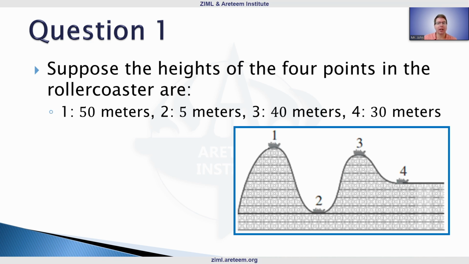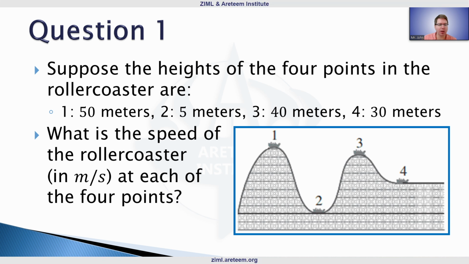Suppose we have 4 heights given in a roller coaster, and we want to know the speed at the 4 points. We mentioned in last week's video that we need to make some sort of assumption, but it's better to think about this in general. You could, as a challenge question, think about other versions of this.